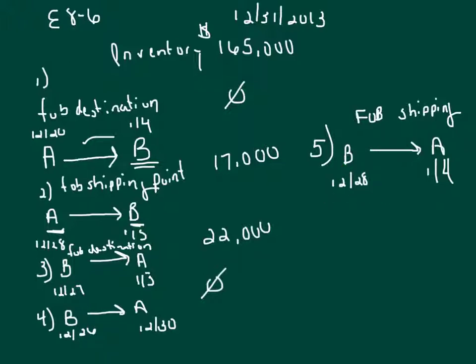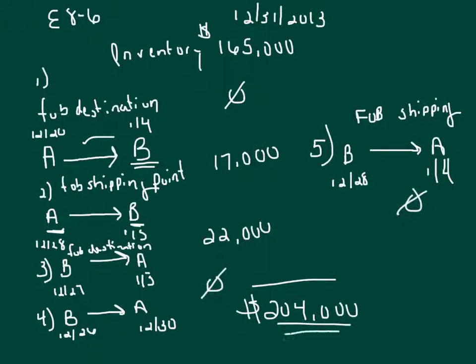Therefore, for this one too, there should be no inventory because the goods transitioned to A at the shipping point on 12/28. So when you add up what the inventory should be, you have the 165, you have the 17, you have the 22, which gives you a total inventory of $204,000. When I was reading this problem quickly in class, I didn't realize the difference between the goods shipped to and the goods shipped from. So be very careful when you're looking at these problems.